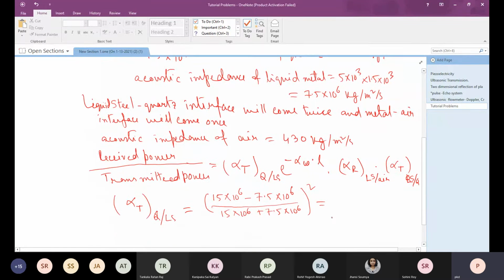How much is this? The 10 to the power 6 cancels out, so 7.5 by 22.5. Yes, tell me how much it is. 1 by 9. Yes, 1 by 9.